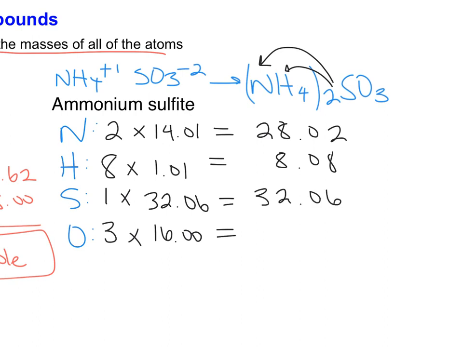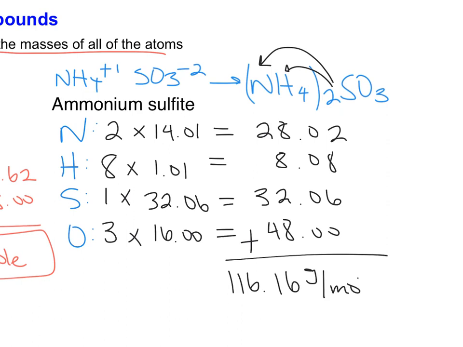And last, 3 times 16 is going to be 48. Add all these together, we're going to get 116.16 grams per mole. Notice my answer is going to 2 decimal places, and my units are grams per mole.